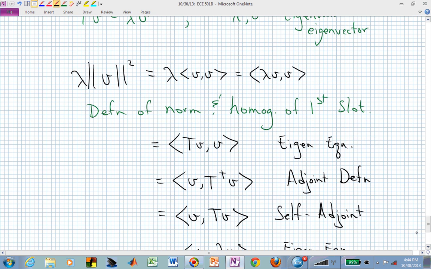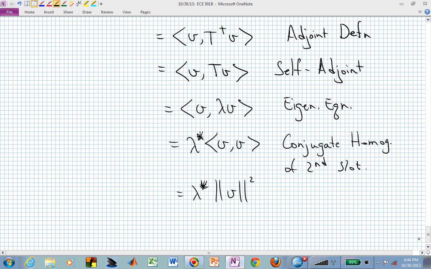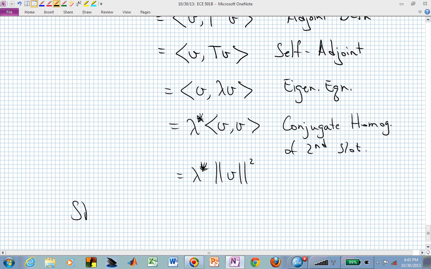What did we start with? We said that lambda times the norm of v squared is equal to, and now we derived down and ended up with, well, did we just get back where we started? Not quite. There's a lot of power in that equality. We've just shown that lambda times the norm of v squared is equal to lambda star times the norm of v squared.